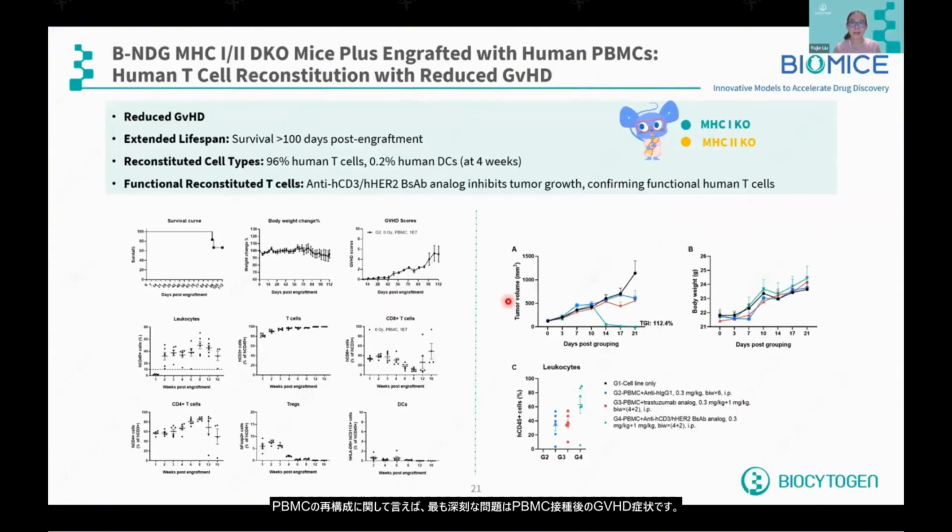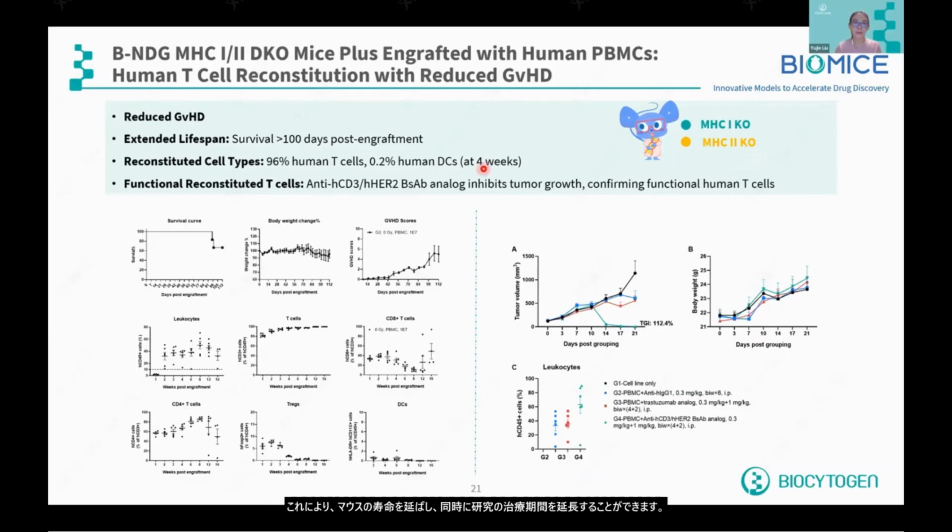Talking about PBMC reconstitution, the most severe problem is GVHD symptoms after the inoculation of PBMC. GVHD generally happens 4 weeks after the reconstitution. So to avoid the influence of GVHD, we generated MHC1 and MHC2 double knockout mice.